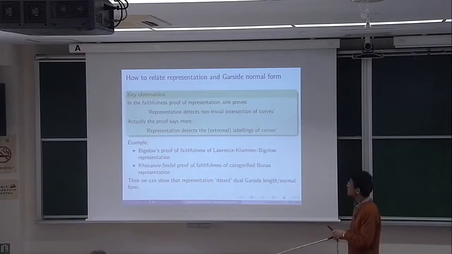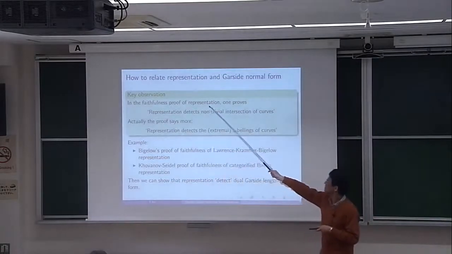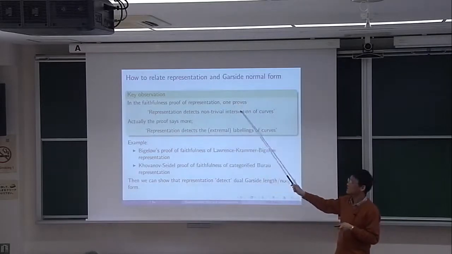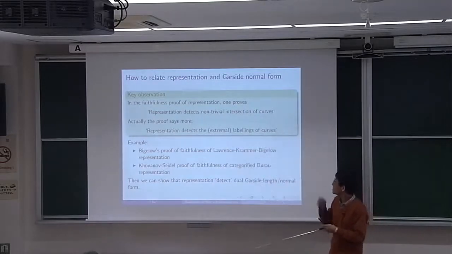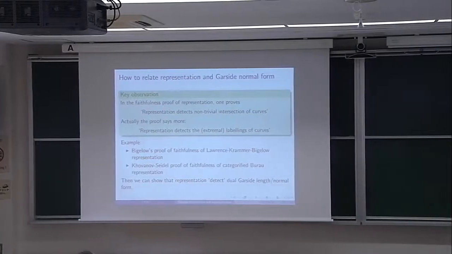Now, the key observation is that we know many representations are faithful, but how do we prove that a representation is faithful? In many cases, the faithfulness proof shows that the representation detects non-trivial intersection of curves.